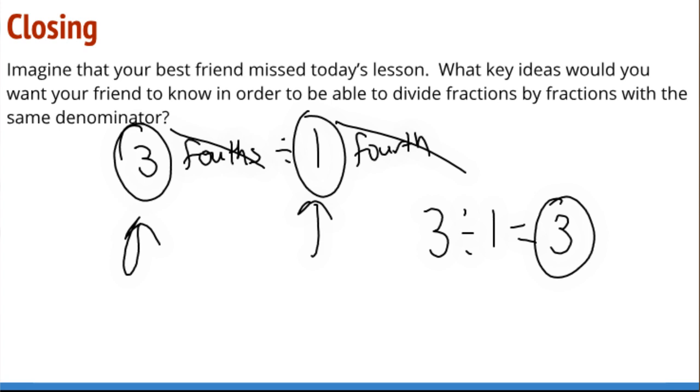So when I'm dividing with like units, I can just divide the numerators by each other. 3/4 divided by 1/4. I don't have to worry about these when I have the same units, when I have the same denominators.